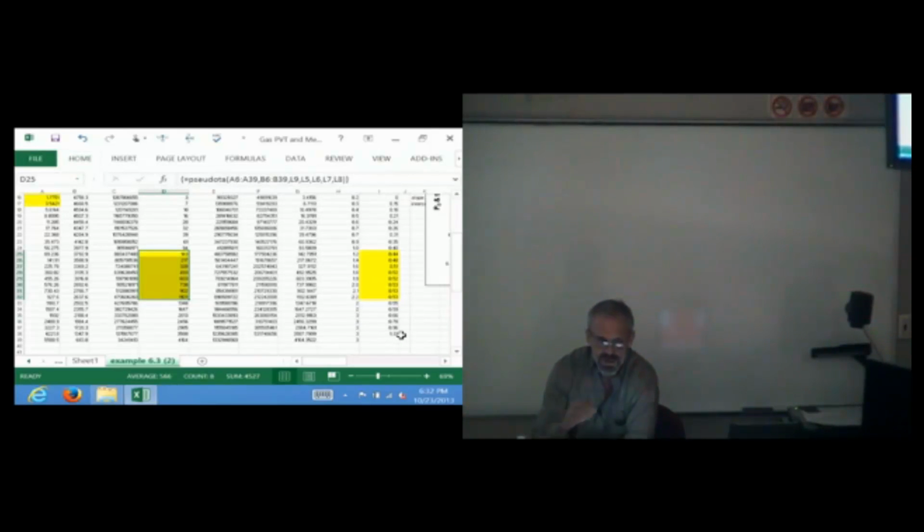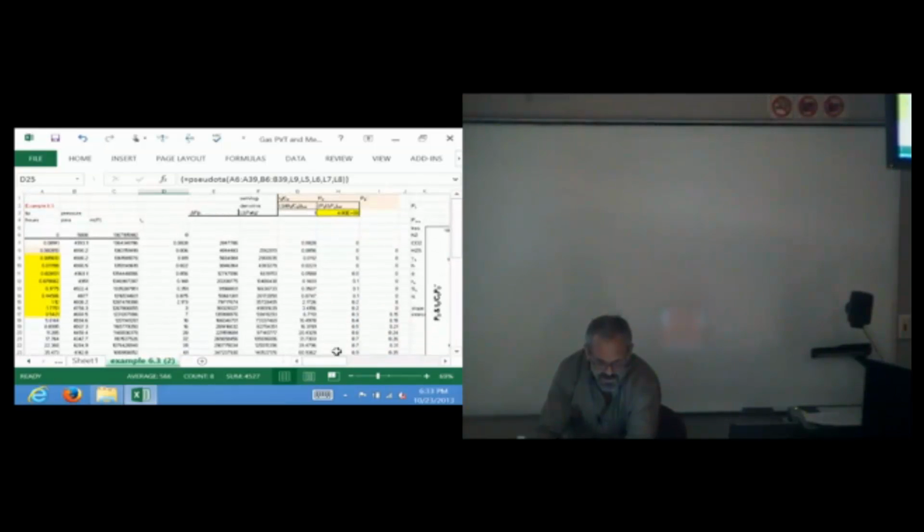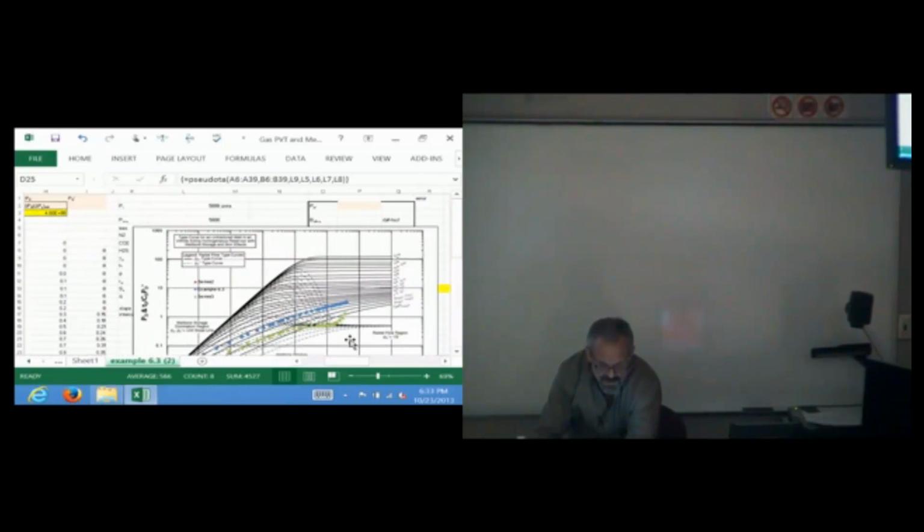Even though we were setting up this problem being told it was a fractured well, that's going to tell us we're going to have different early time data, but we may have radial flow late. And we did in this example problem. We have some late radial flow.